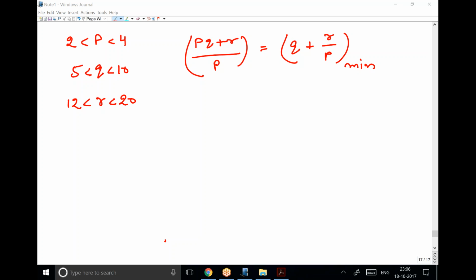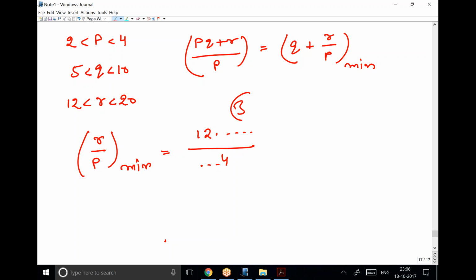Q anyway we can find out, it is 5 point something, just above 5. So we have to look for minimum possible value of R by P, where R has to be minimum. So R is supposed to lie slightly above 12 and P has to be maximum, that means slightly below 4. Right, slightly below 4 we are looking for.